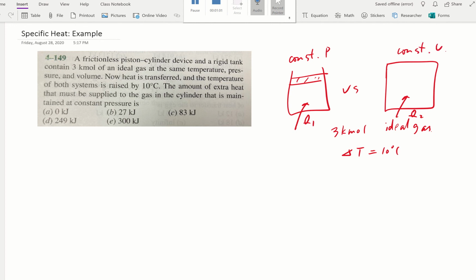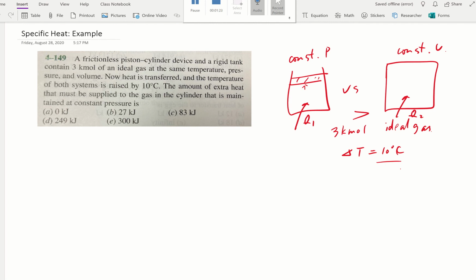So the amount of extra heat required to maintain a constant pressure, we know Q1 is going to be greater than Q2, because not only is heat added to raise the temperature 10 degrees Celsius, it is also used to raise this piston up to maintain that constant pressure.